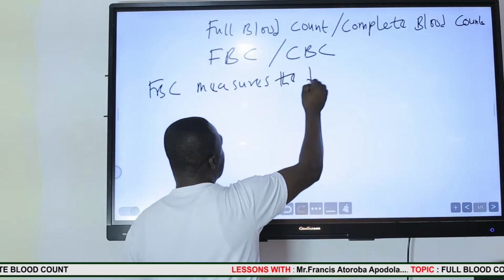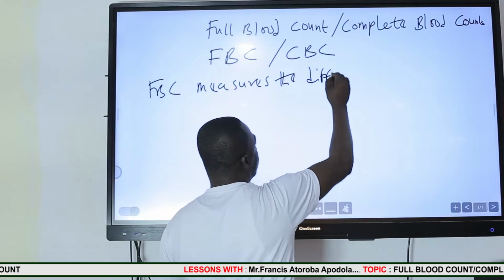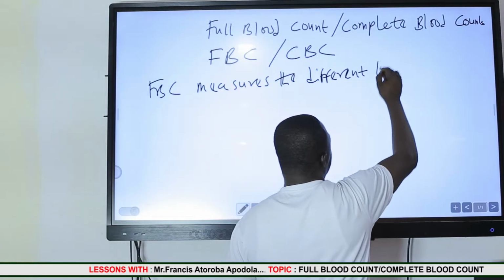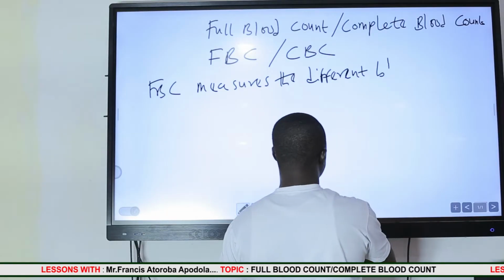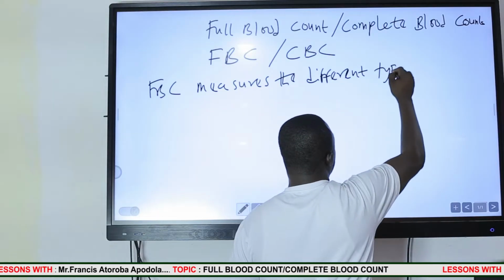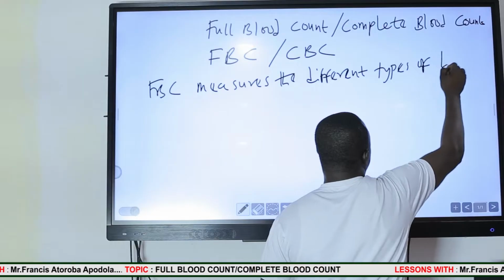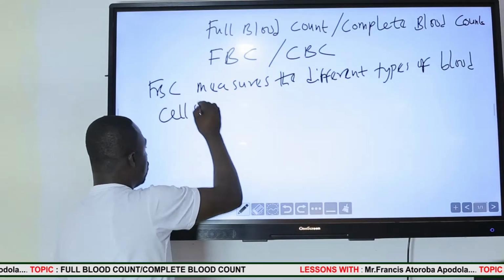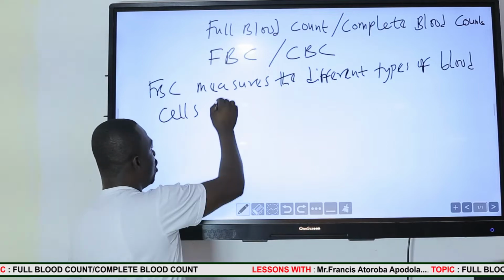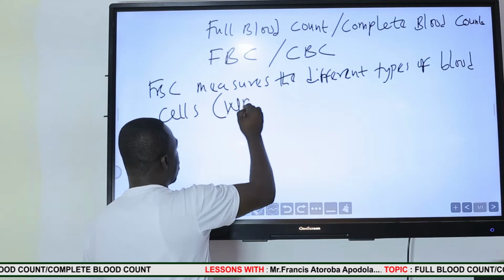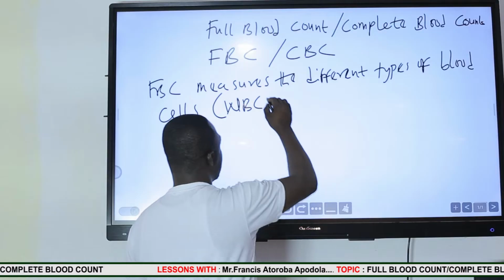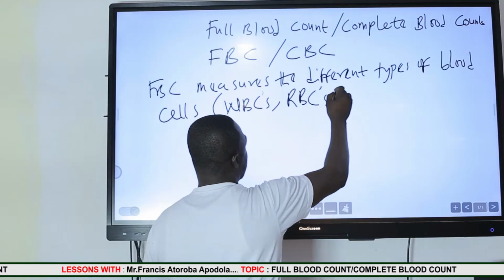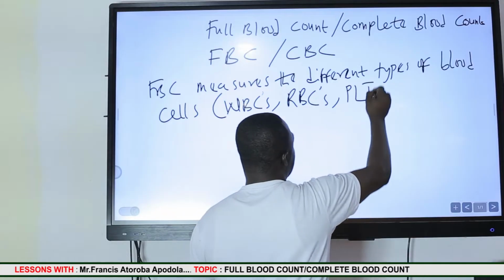the different types of blood cells, which include the white blood cells, WBCs, RBCs, and then platelets.